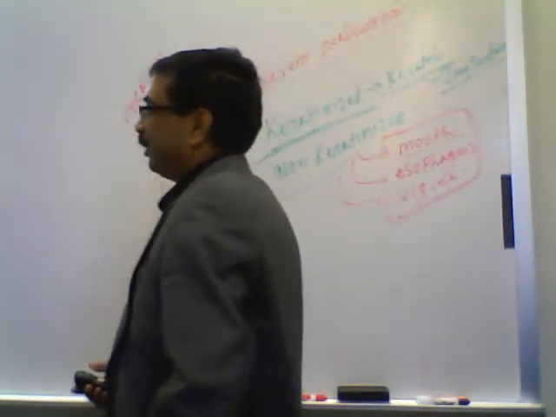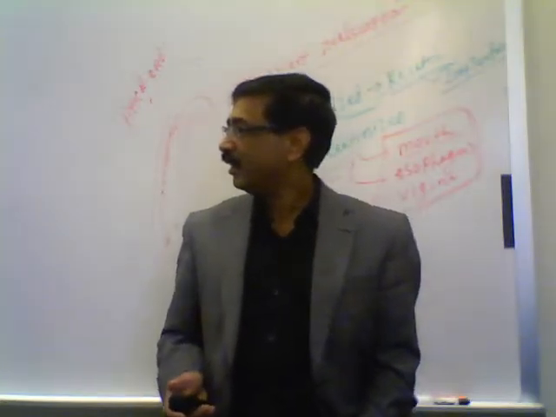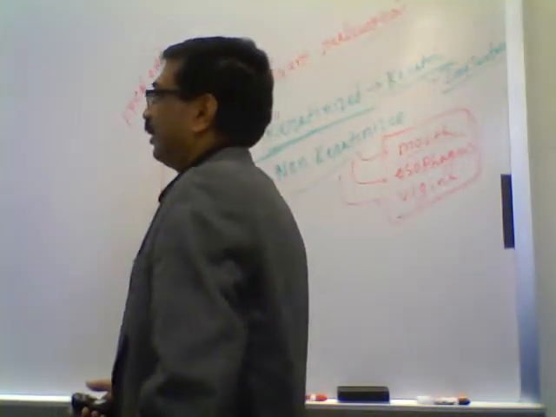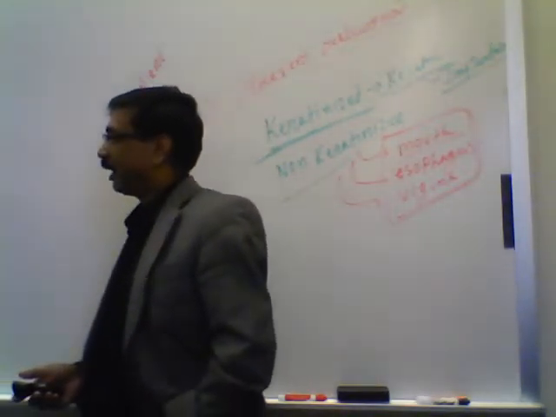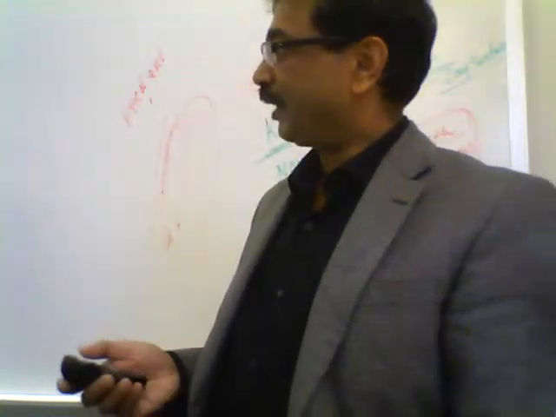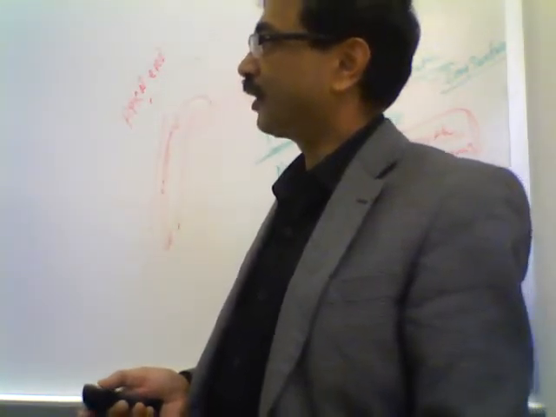Stratified columnar is found in a small amount in the pharynx, male urethra, and lining of some glandular ducts. So those are present in very small amounts.